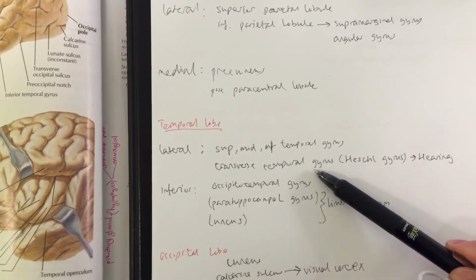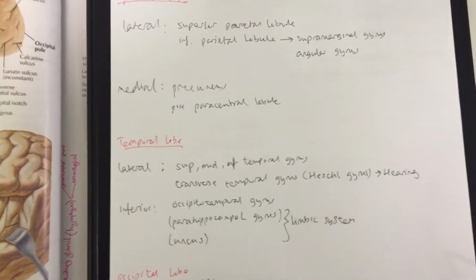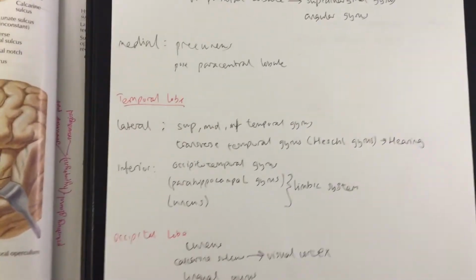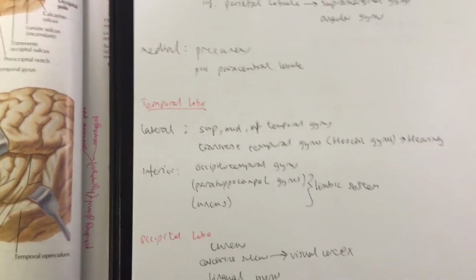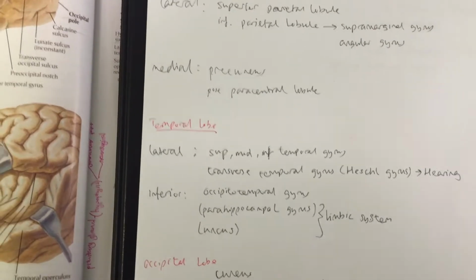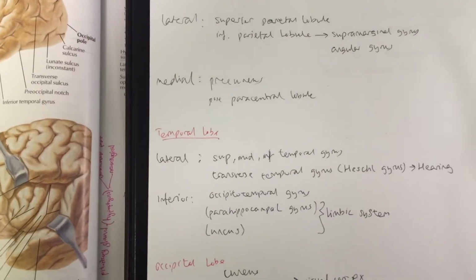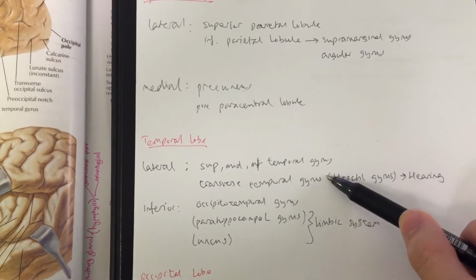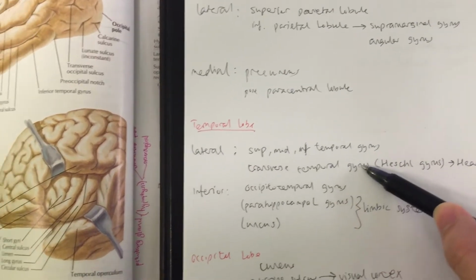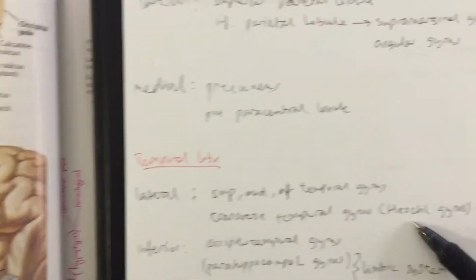Transverse temporal gyrus, also called the Heschl's gyrus, is important for hearing because it's where the auditory cortex is found. So when you have hearing, the cochlear nerve is stimulated and it travels through, but the end part where it goes to is the auditory cortex, and it's found where? The transverse temporal gyrus. They usually like to use this Heschl's gyrus.